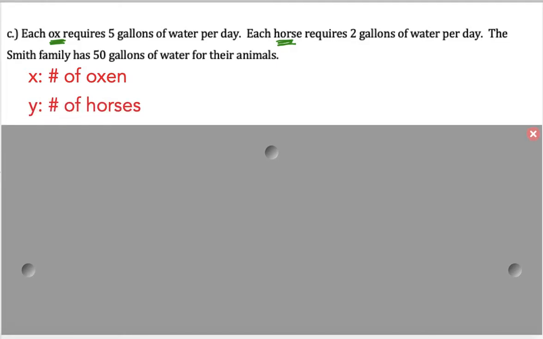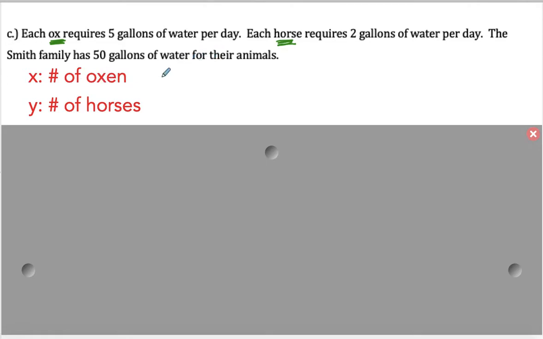I'm just going to reference x as the number of oxen because that's the first variable mentioned in the word problem, and the number of horses is going to be y. And again, you could flip these, but standard convention is just to list the first variable as x.